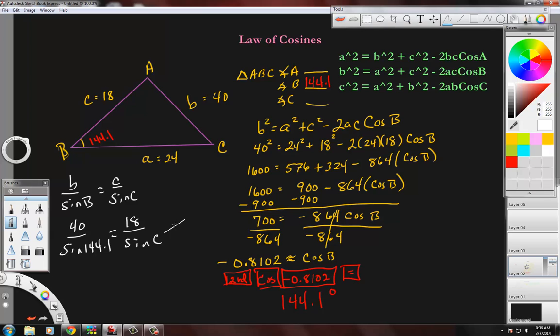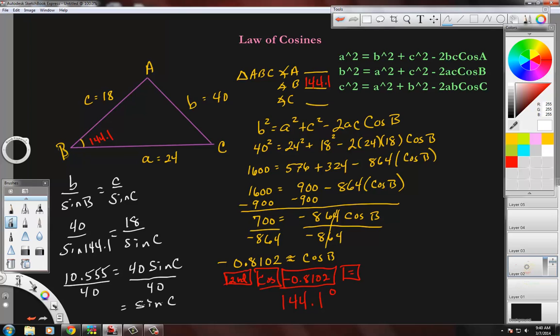And here it is again. We're going to be solving for this variable right there. So I cross multiply, and it turns into something like this: 18 times the sine of 144.1, if I cross multiply this way, is 10.555, and that equals 40 times the sine of C. At this point we need to divide by this coefficient again, just exactly like that part over here, and we're dividing by 40.